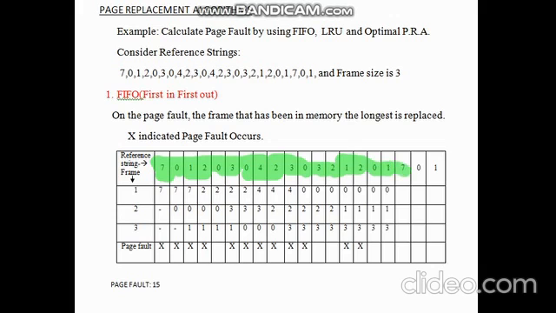Now the CPU demands page number 7, which is not currently present in main memory, so a page fault will occur. In the next step, the operating system transfers it from secondary memory to primary memory, and 7 replaces 0 because 0 is first in, so 0 will be swapped out.